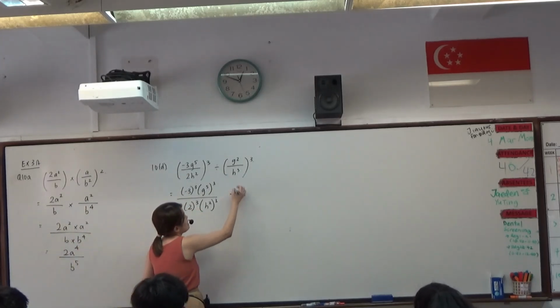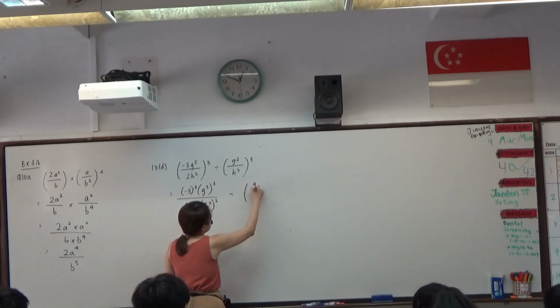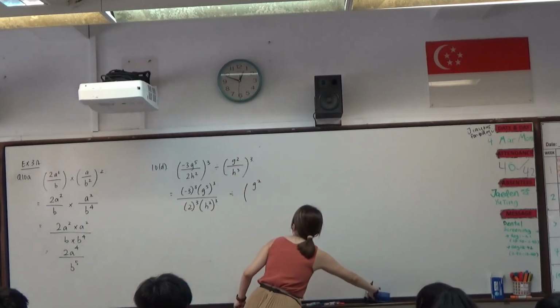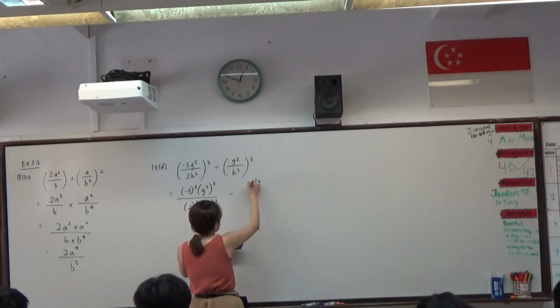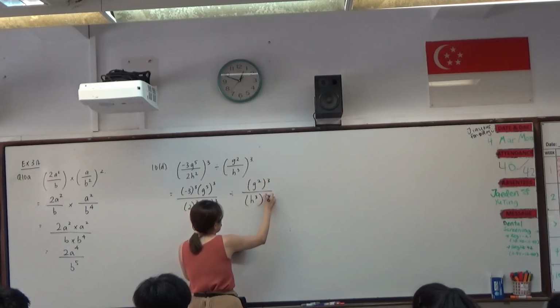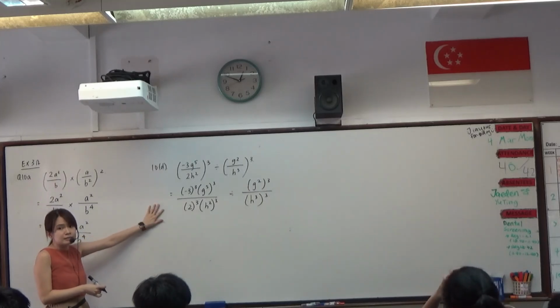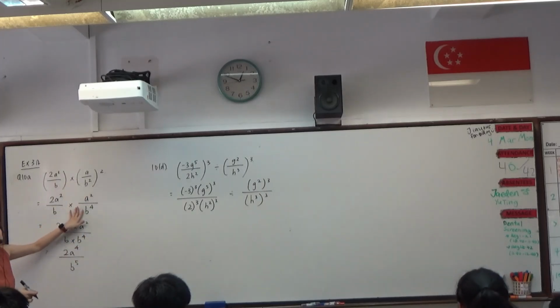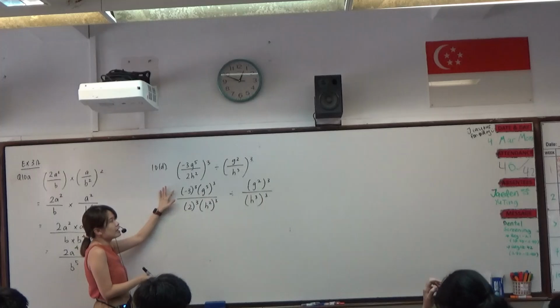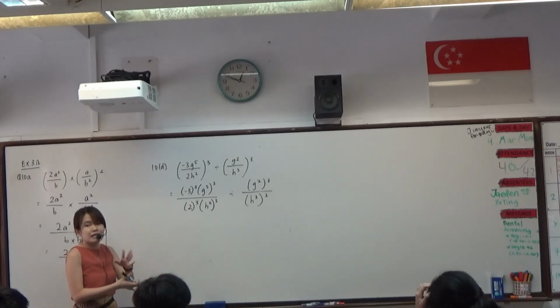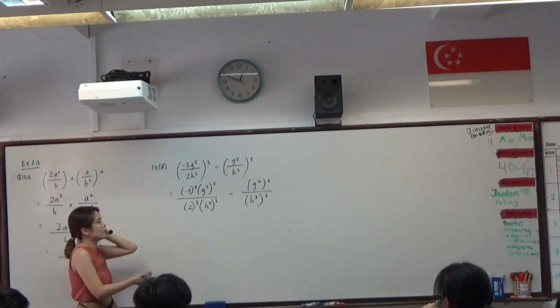Likewise, the same for the other fraction. It will be g squared to the power of 3, h cubed to the power of 3. I'm just intentionally writing this in case you didn't capture the understanding from here. You can do it in a mental sum manner, that's fine, just make sure you know what you're doing.